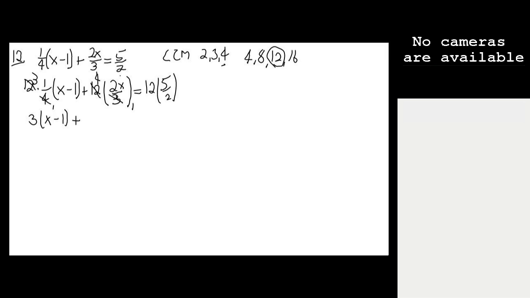Plus or minus the square root of b squared, again, (-2) squared, minus 4 times a, which is 3, times c, which is -23. That's all square root, and all of that is over 2a, so 2 times 3.